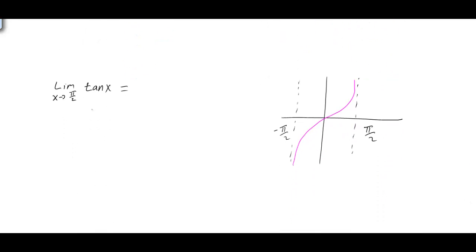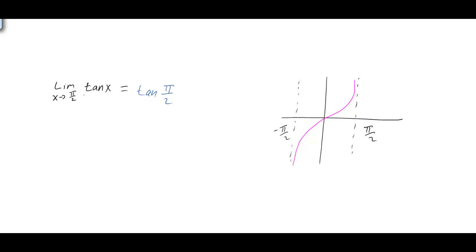All right, let's try one more example. The limit of tangent of x as x approaches pi over 2. Can we use direct substitution here? Well, if we take the tangent of pi over 2, what does that equal?